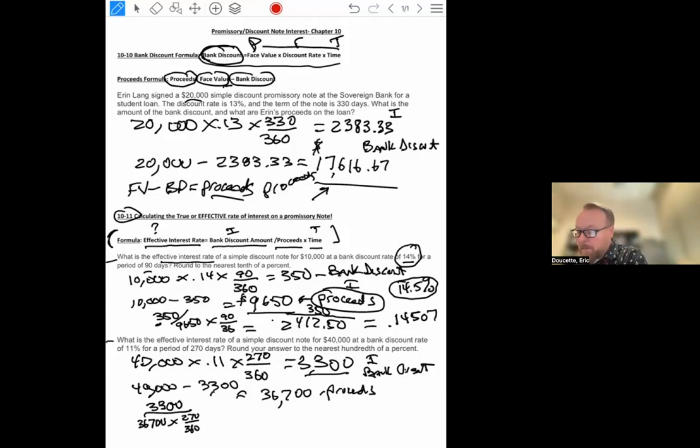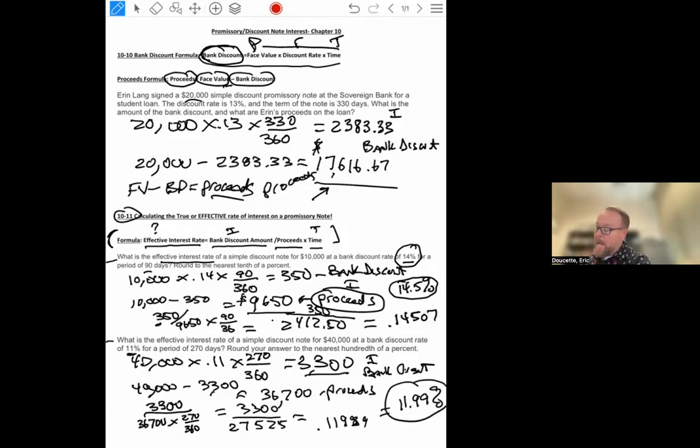I do the math on that bottom one, and it comes out to 2,752.5. I'm going to divide 3,300 by that, and that comes out to 0.11989. If I make that a percentage, it comes out to 11.99%. So even though they said I was going to be paying 11%, I'm actually paying almost 12%.